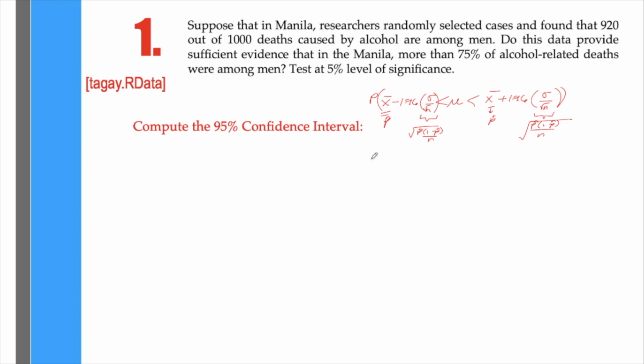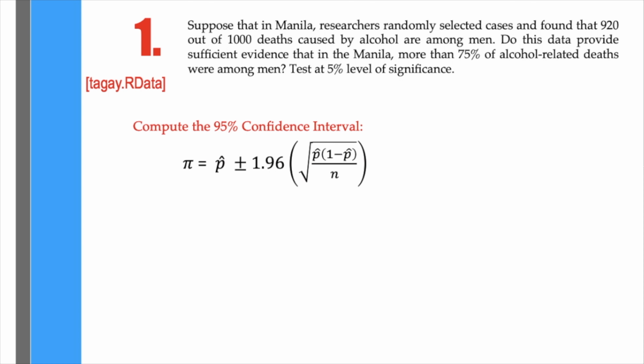Thus, to find the 95% confidence interval for the population proportion pi, we're going to make use of this expression, which indicates that the value of pi will be from p hat minus 1.96 times the square root of p hat (1 minus p hat) over n, to p hat plus 1.96 times the square root of p hat (1 minus p hat) over n, which may be expressed also in this form.